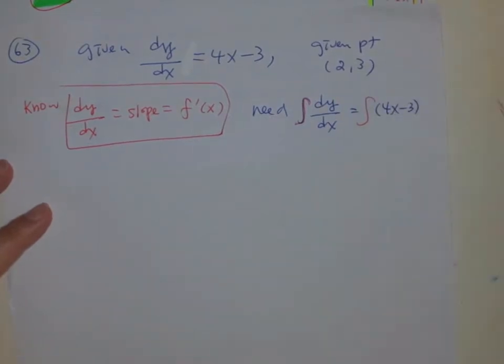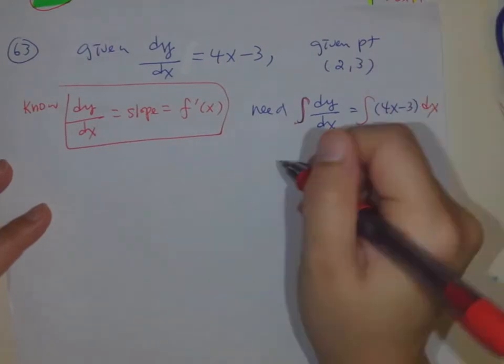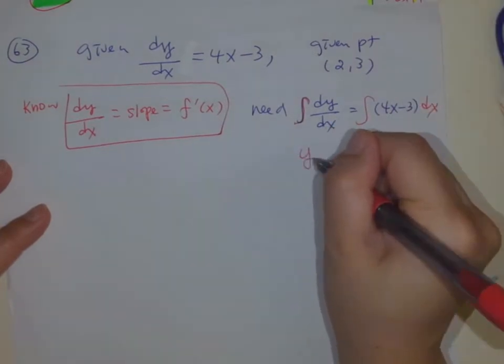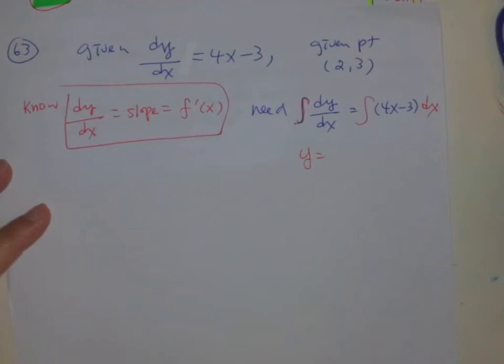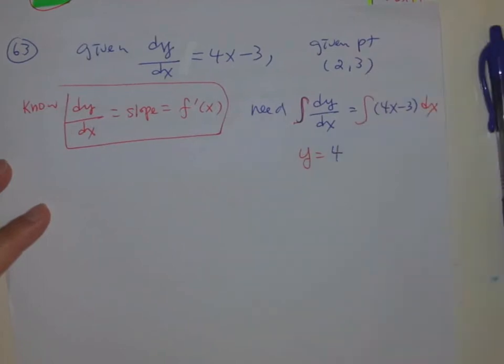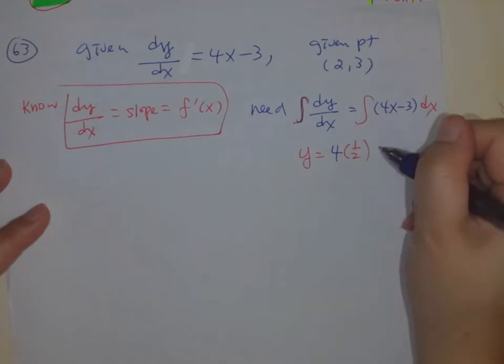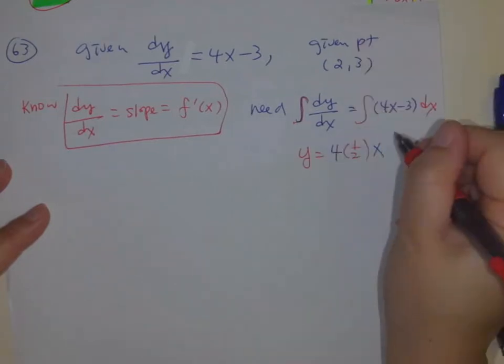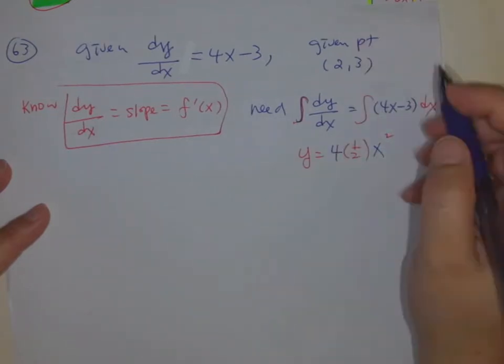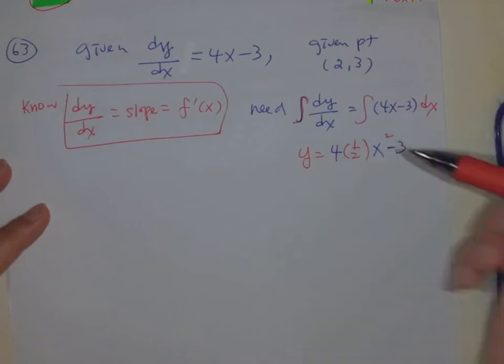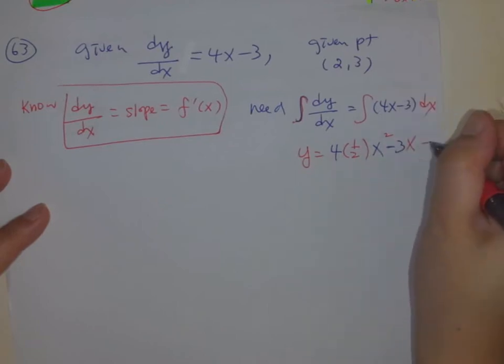Don't forget your dx. So then we can do the function equals, this is going to be 4 times 1/2 x raised to the second power, minus 3. Now we stick the x back and then add a c, right?